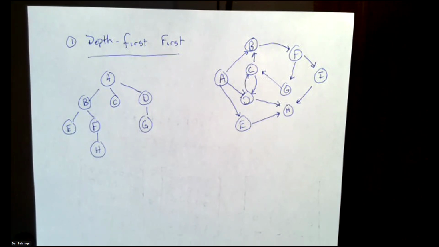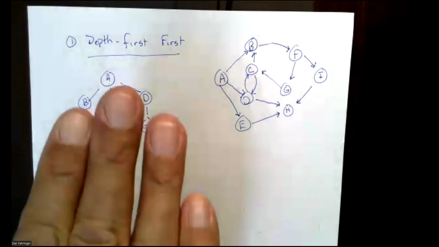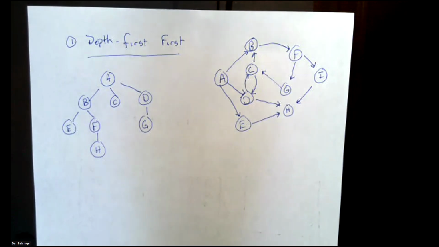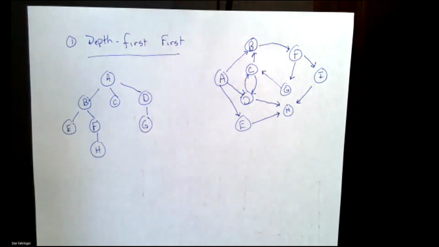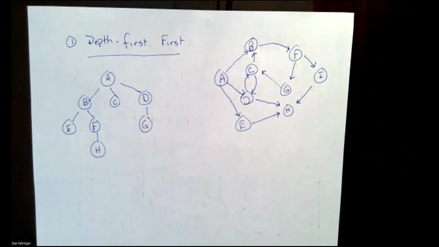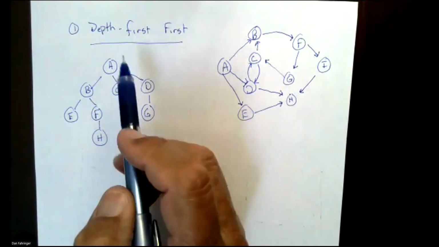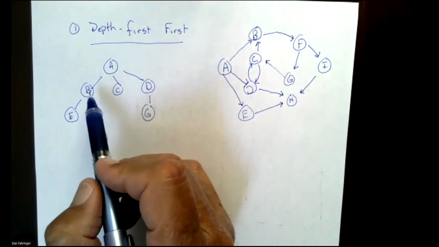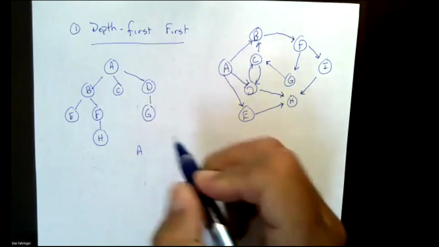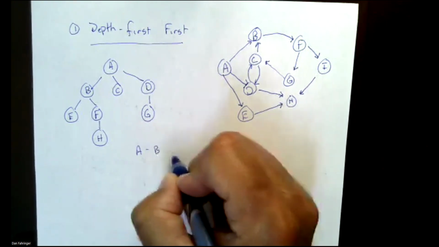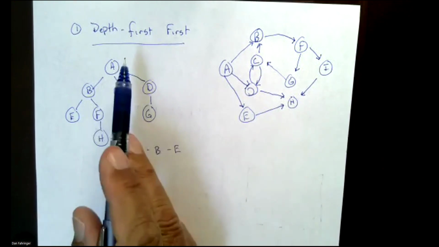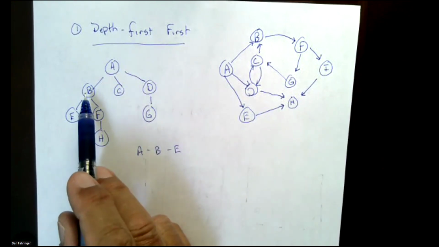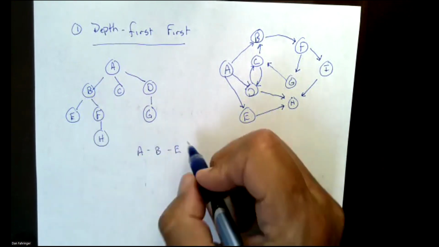When I think of depth first, I think of a depth charge, right? The boat's floating along, and all of a sudden it thinks there's a submarine, so it starts dropping and goes down and blows up. So we're going to go depth first, and we're going to start and go as far as I can. We go from A to B to E, and now I backtrack. I go to B. Can I go farther from there?